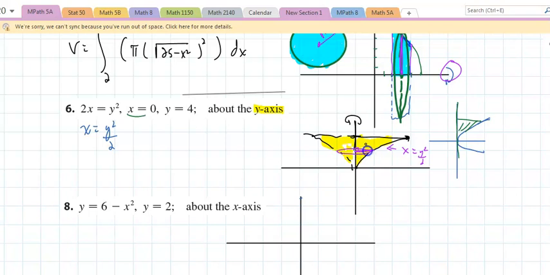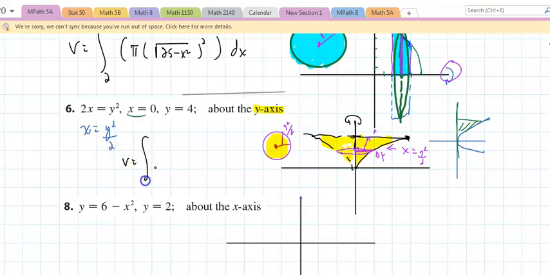Do you see that it's going to create the following disk, in which the radius is this distance? Since I'm picking this at delta y, everything's in terms of y. This radius is y squared over 2, and I'm trying to figure out the area of that. That's pretty much how everything works in this section.